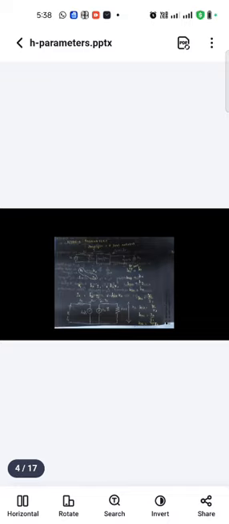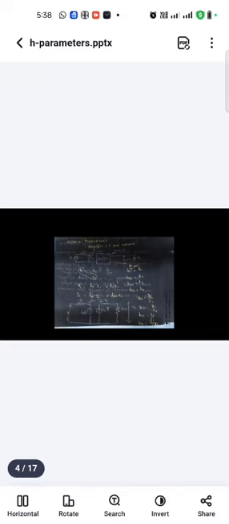How to draw the diagram in this h parameter model? That's why we can call it the h parameter model. On the input side, one resistor and a voltage source are there, and on the output side, a current source and a parallel resistor are there.